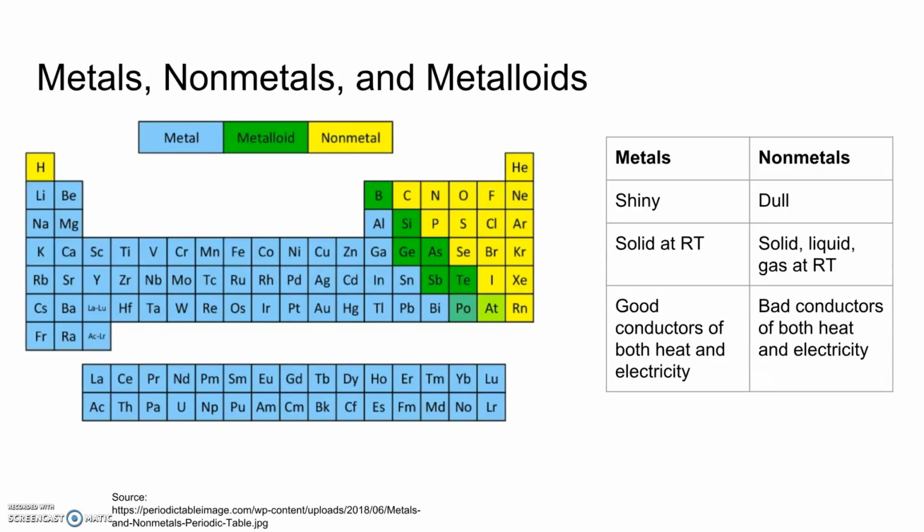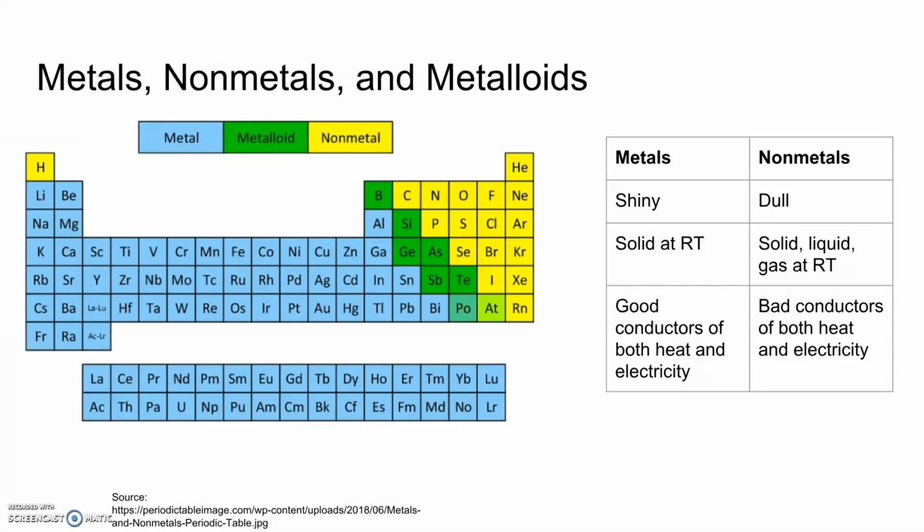Then there's the nonmetals, a much smaller portion of the periodic table, but very important. It actually contains some of the most important elements for life. Carbon, nitrogen, oxygen, fluorine, phosphorus, sulfur, and hydrogen, all of those incredibly important. So we'll definitely be talking about those a lot as well.